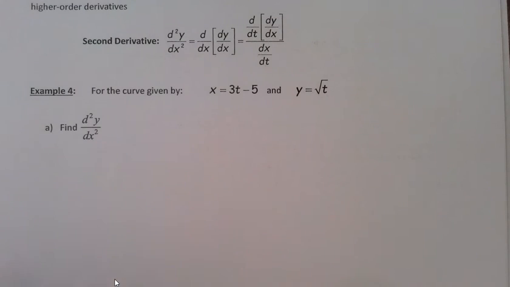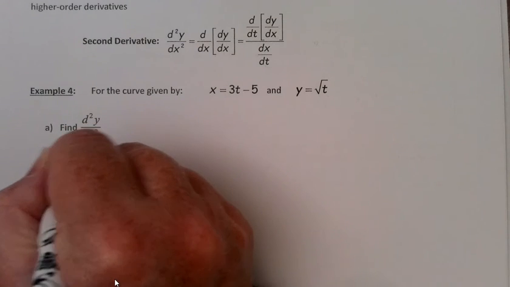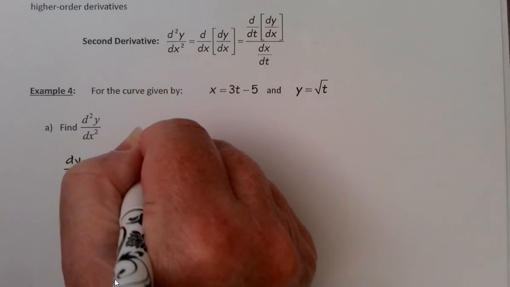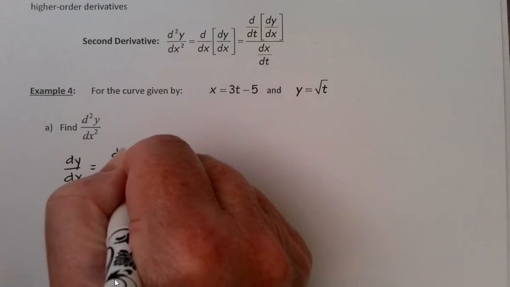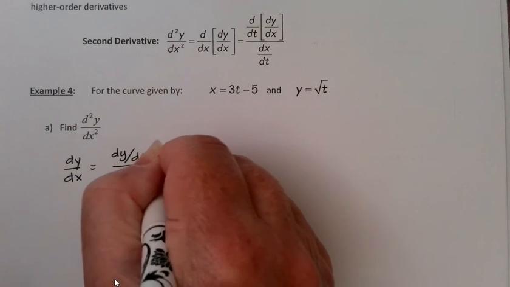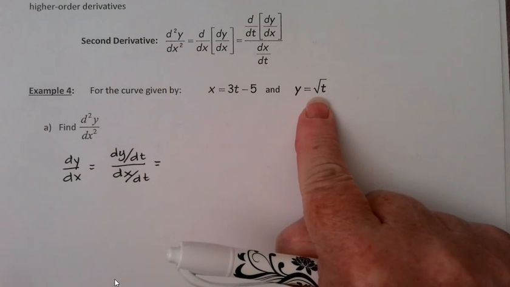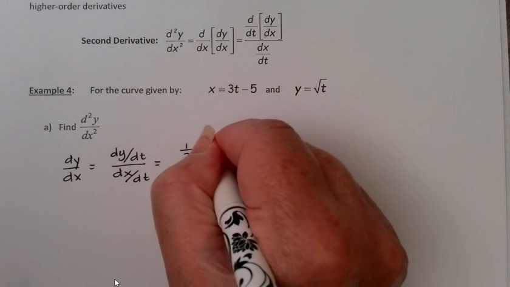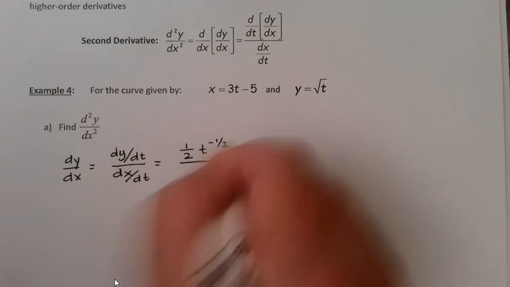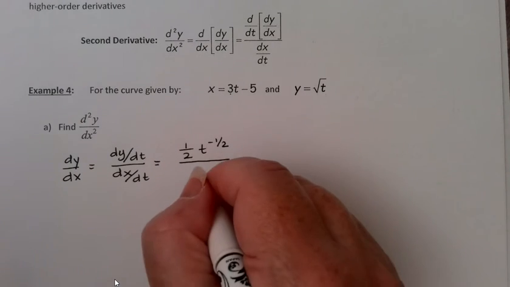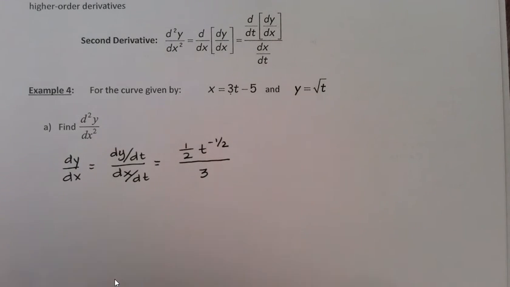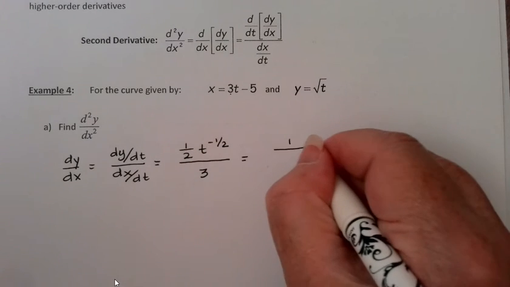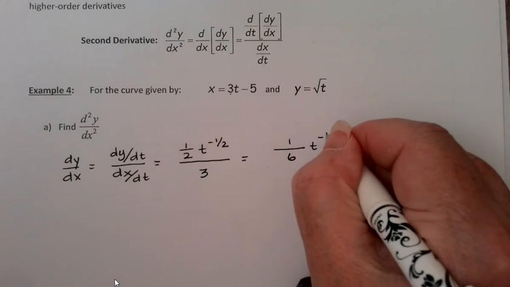So I'll start with dy/dx, which is dy/dt over dx/dt. dy/dt would be 1/2 t to the negative 1/2, and dx/dt would be 3. Or I could write that as 1/6 t to the negative 1/2.